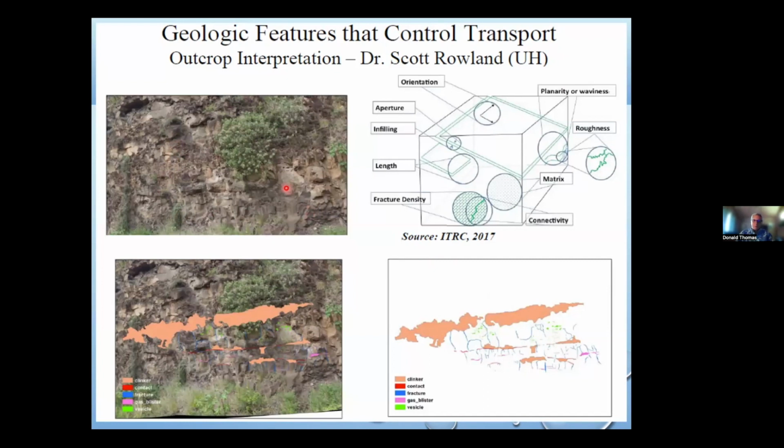Dr. Scott Rowland, who is with the faculty at the University of Hawaii, has mapped, in this case, the clinker zones. We have lava flow interfaces here, and although you can't see it very well in this image, he's also mapped the cooling joints where fractures have bisected the core units.